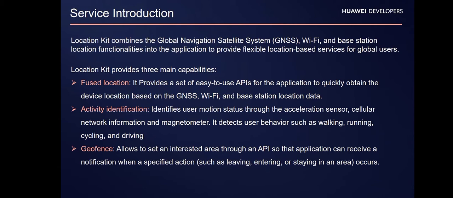The geofence service allows to set an interested area through an API so that application can receive notification when a subscribed device for the service enters, exits, or stays in that area.